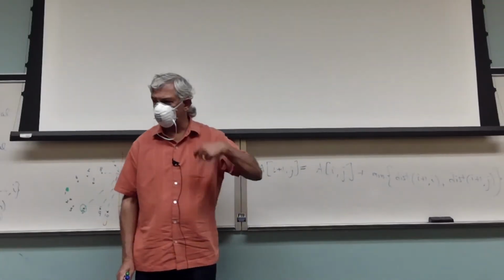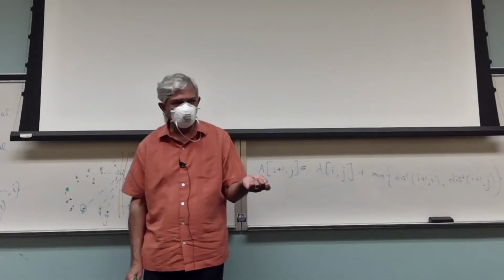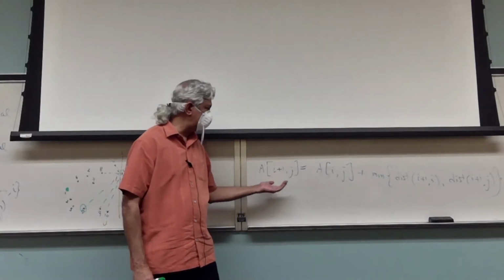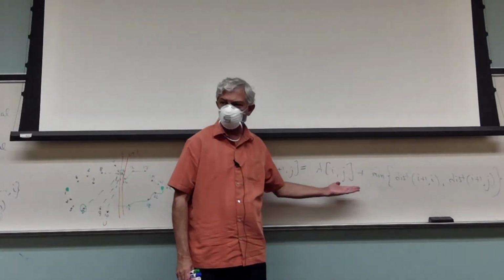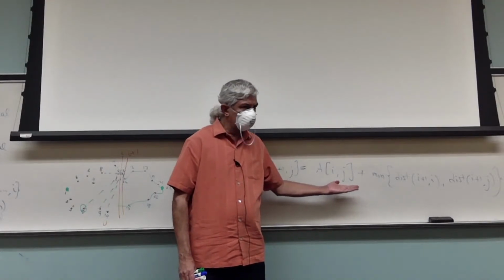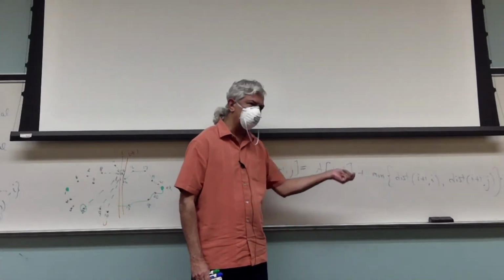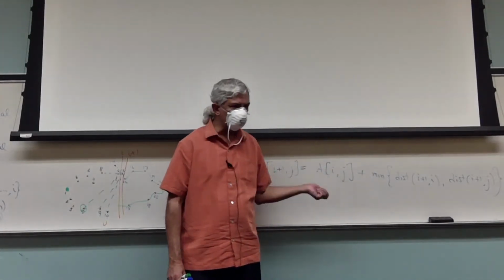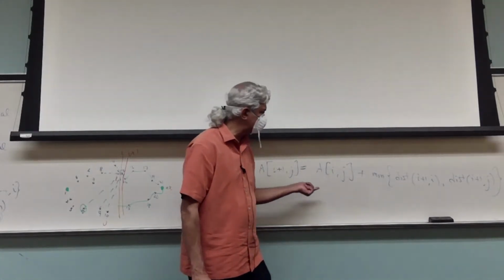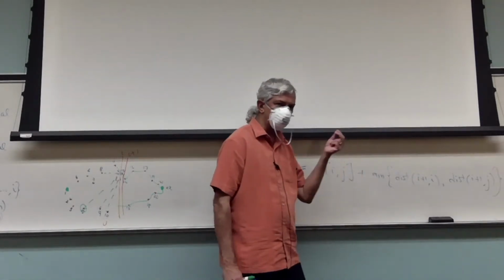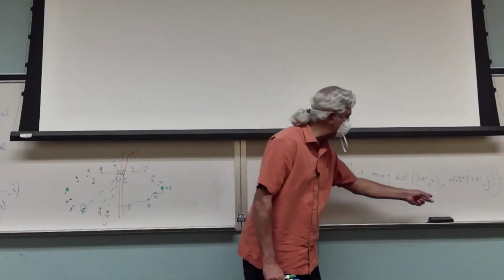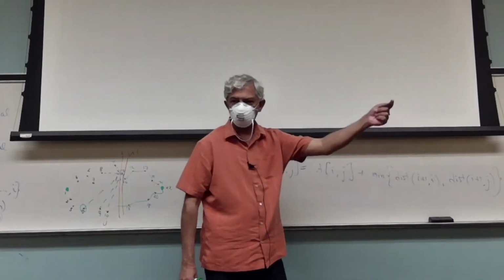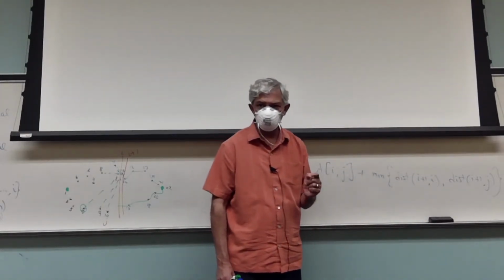Essentially, you're saying you're now adding the I plus first guy. You already have a solution for I comma J. And either you put I plus first on the upper path or the lower path. If it's the upper path, you're going to add an edge from I plus 1 to I. If it's the other path, you're going to add an edge from I plus 1 to J. Okay?